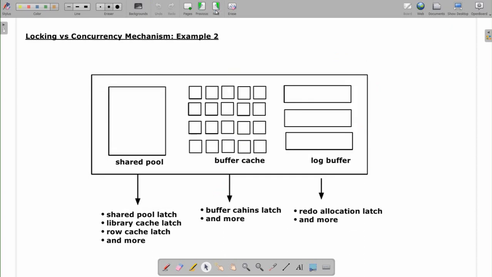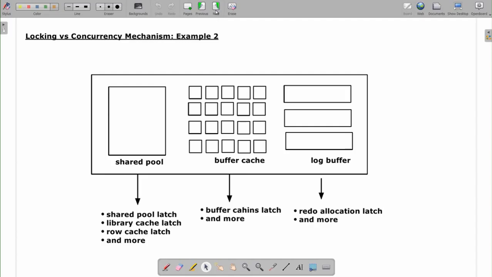I have another example, where I have a memory structure. We have a shared pool, a buffer cache, and a local buffer, so we have different memory structures. And you have probably heard about latches and mutexes.